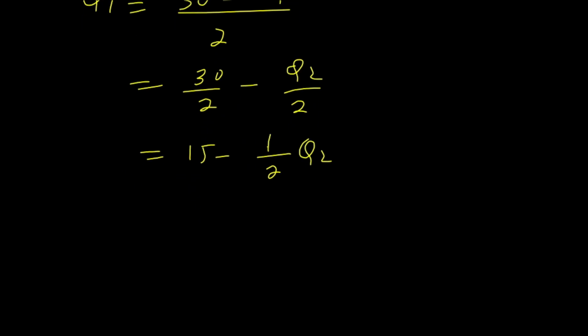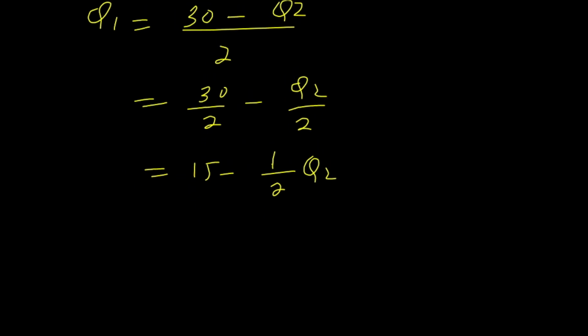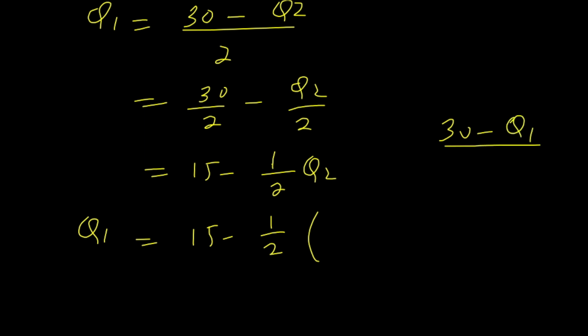And what we can do is we can put the value of Q2 in this equation. The value of Q2 is equal to 30 minus Q1 divided by 2, which is also equal to 15 minus 1 over 2 Q1.